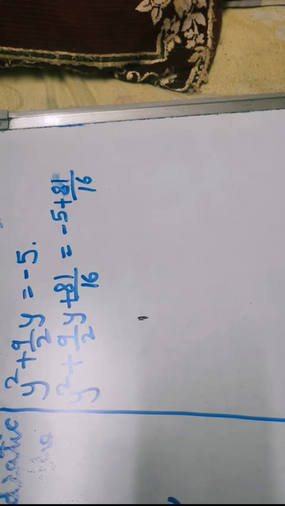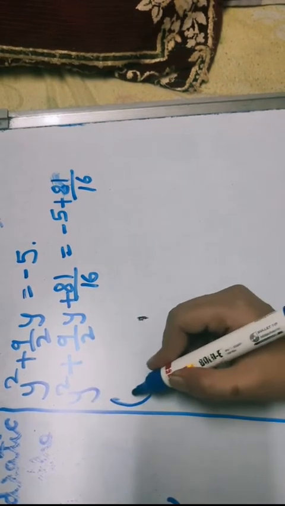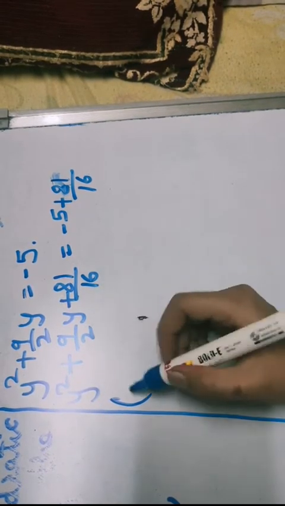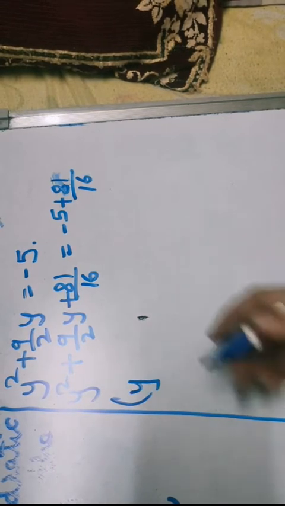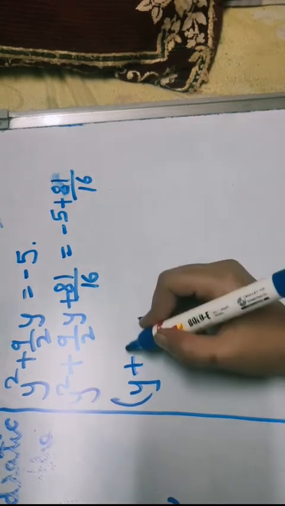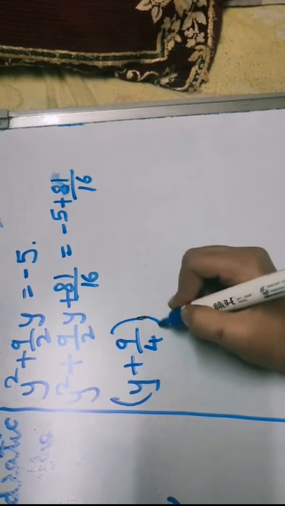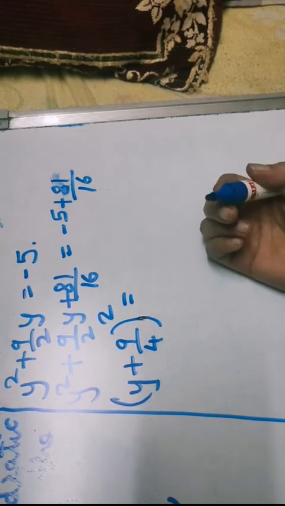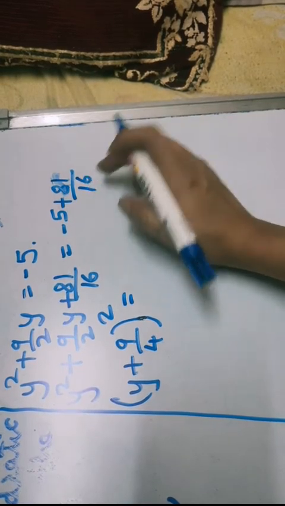Right? Now here this is in the form of a plus b the whole square. So this becomes y plus square root of 81, which is 9 upon 4, the whole square is equal to, let's find the LCM.